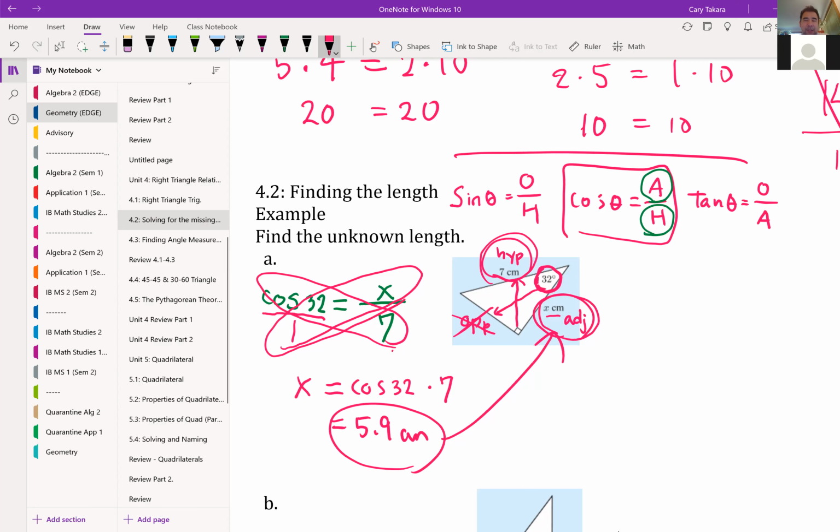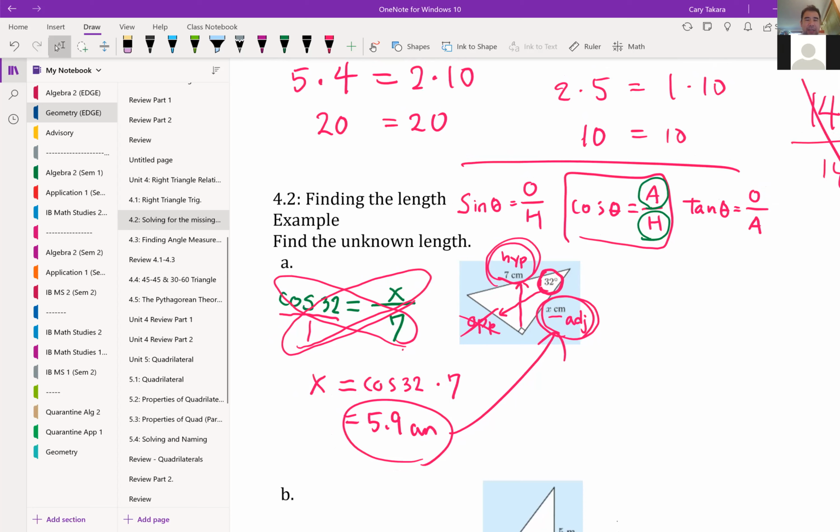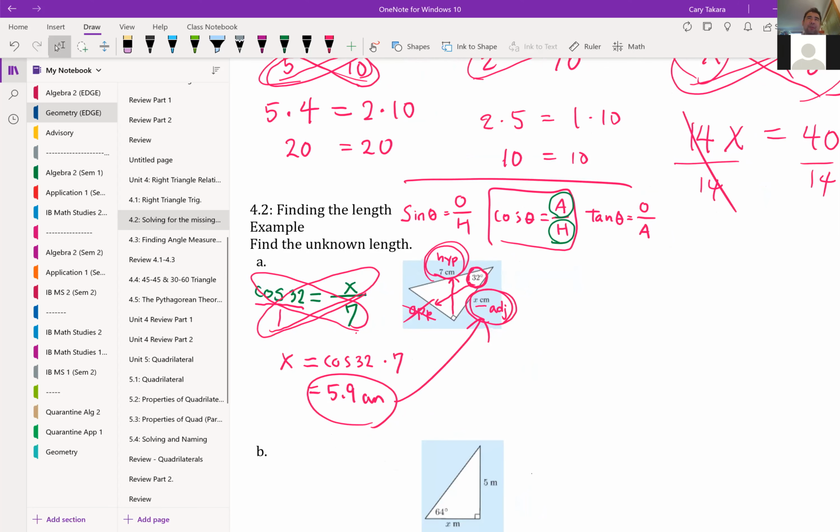Now, in geometry and in math, there are actually two different angle measurements. Just like distance, you can measure in meters or miles. You've got different units, right?